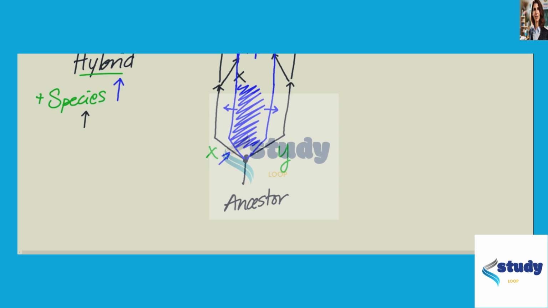And instead of these two separate species, you're sort of going to get the conglomeration of the two in this hybrid form. So you're going to get them curving inwards, and you're not going to get the origination of these two species any further.